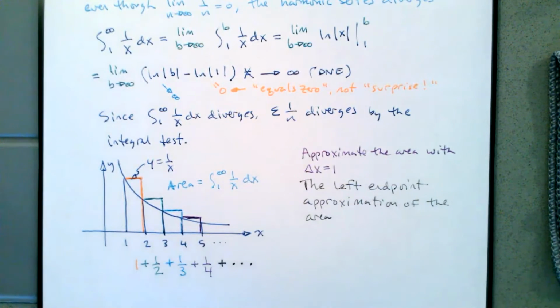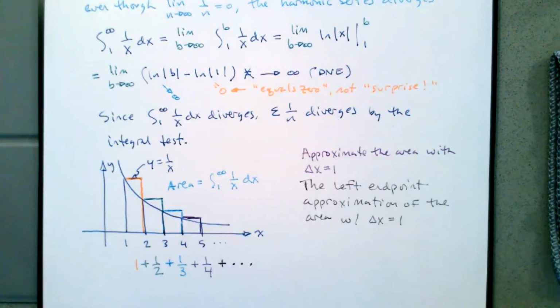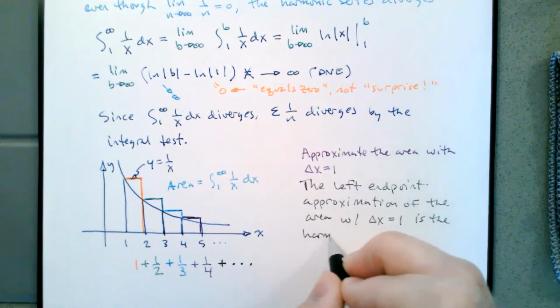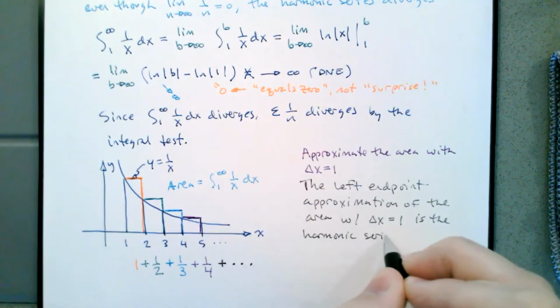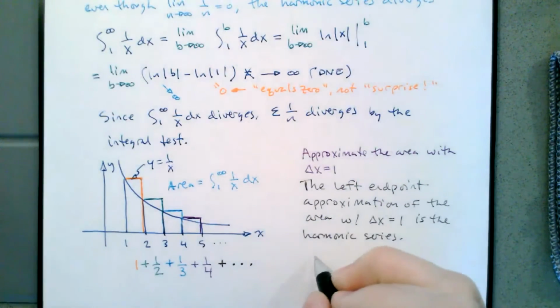The left endpoint approximation of the area with a delta x of 1 is the harmonic series. So we got a 1, then a half, then a third, then a fourth. Notice that the harmonic series is an overestimate of the area under 1 over x above the interval from 1 to infinity.